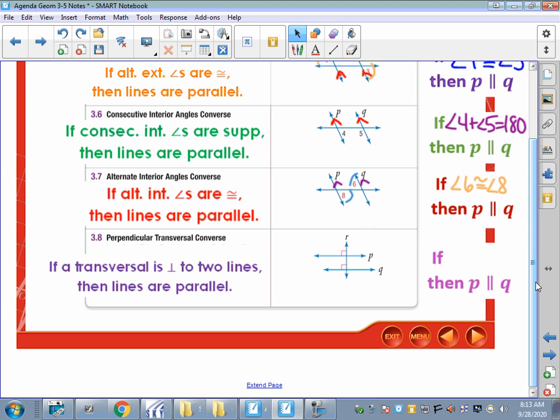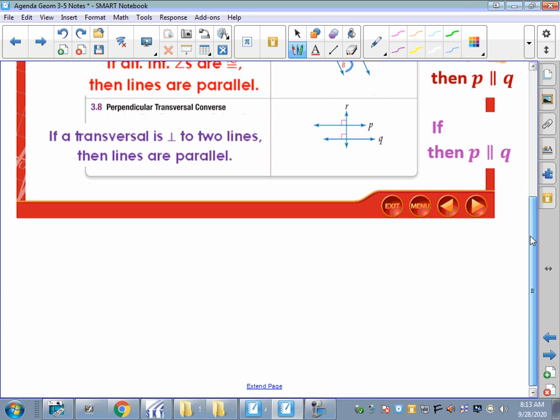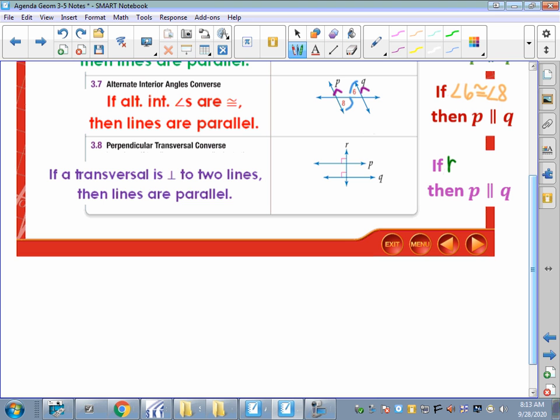Notice R is perpendicular to P, R is perpendicular to Q, therefore P and Q have to be parallel. So I'm going to say it this way. If R is perpendicular to P and R is perpendicular to Q, then these two guys have to be parallel.